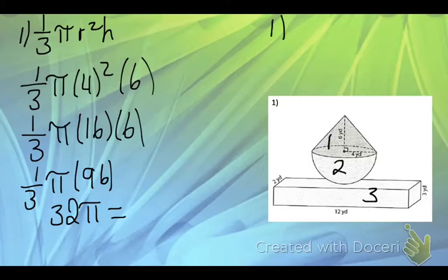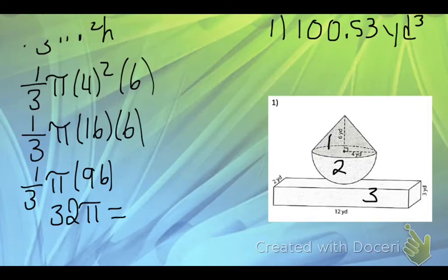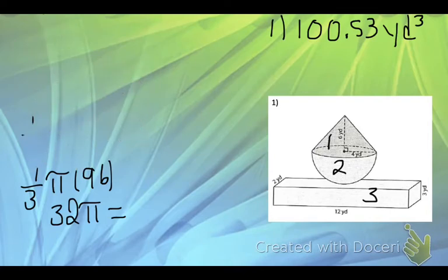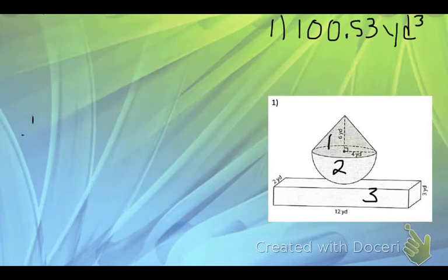So our first shape is 100.53 yards cubed, sorry. Okay, so that's shape 1, and I'm going to erase this work because I need to have enough room for my next one. You can keep working on your paper.